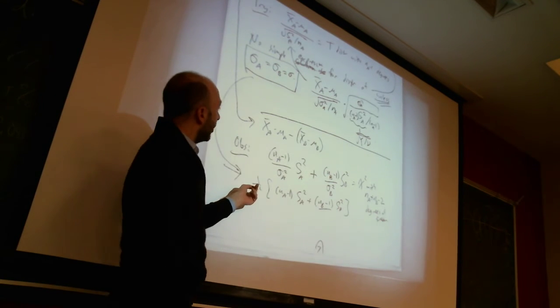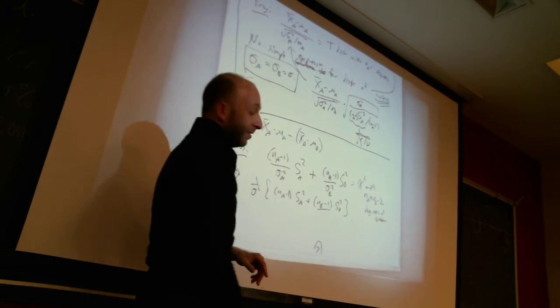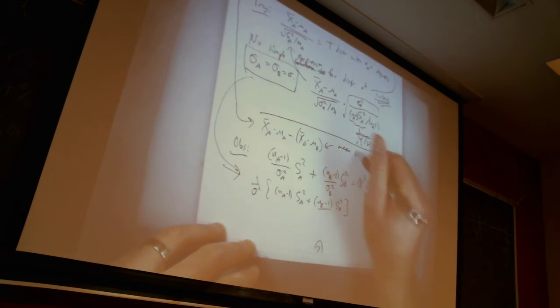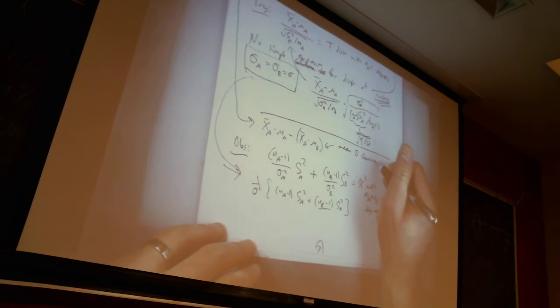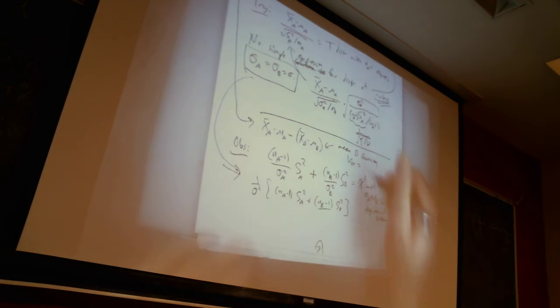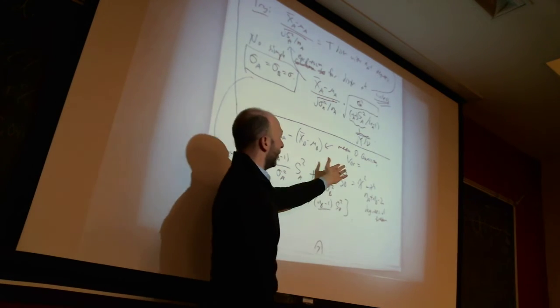Okay? So this difference is still a Gaussian. This is a mean 0 Gaussian. And the variance is, here's the key, here's the miracle. What's the variance of this Gaussian? We already said.